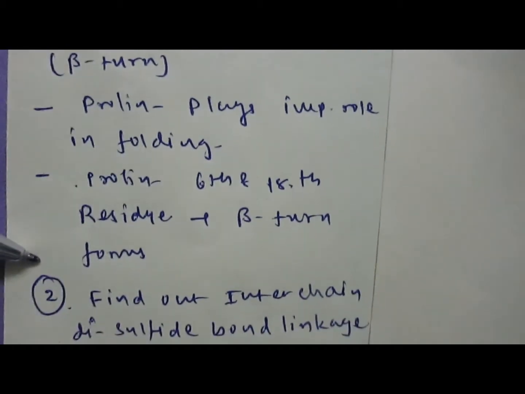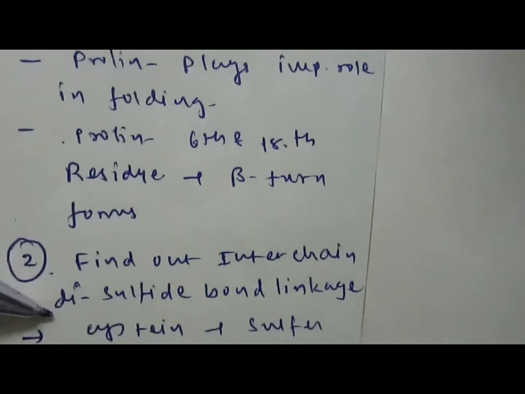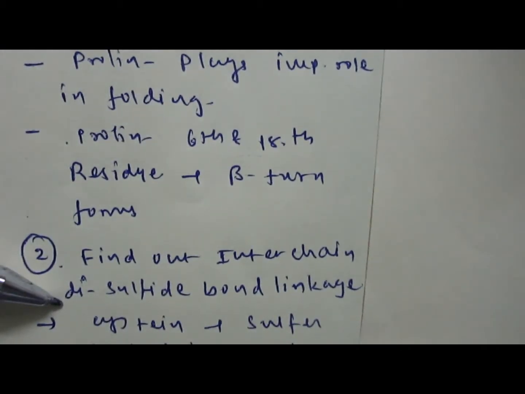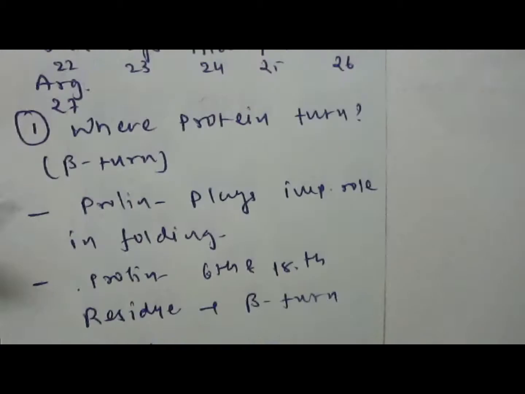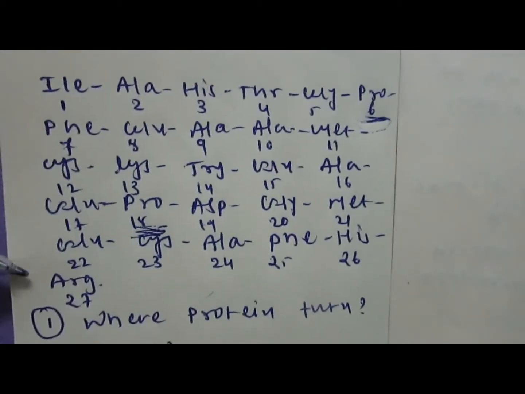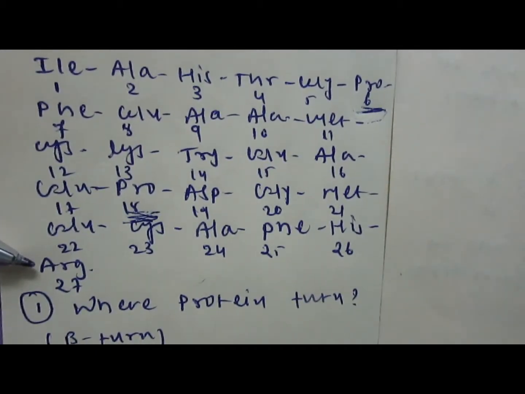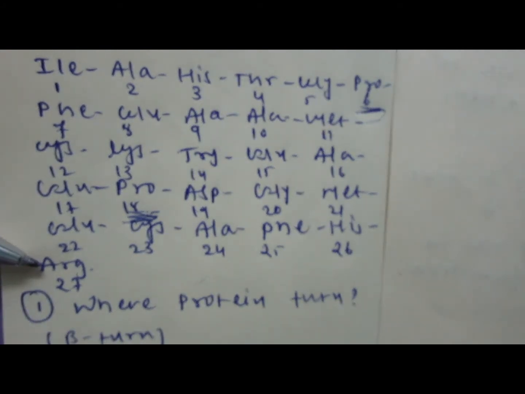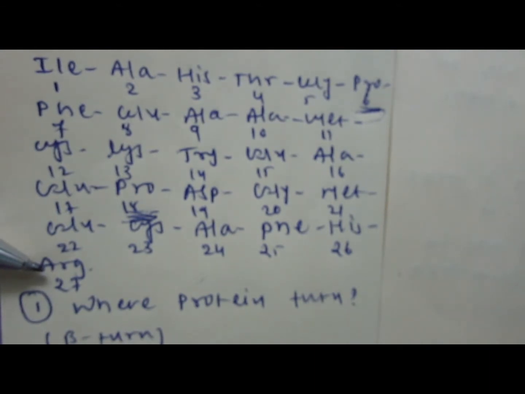Now the second question is to find the interchain disulfide bond linkage. In this 27 amino acid long sequence, we all know that among the amino acids, methionine and cysteine are the two which contain a sulfur atom in their basic structure, and a disulfide bond is created between two sulfur atoms.